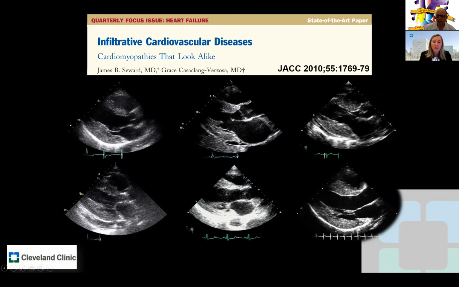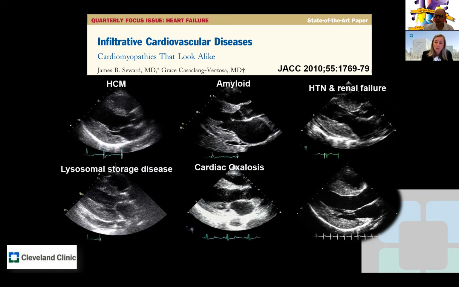So when we think about causes of underlying infiltrative cardiomyopathy, there are multiple causes that we potentially need to evaluate and exclude. We know conditions such as hypertrophic cardiomyopathy, amyloid, oxalosis, hypertensive heart disease, lysosomal storage disease, Friedreich's ataxia.